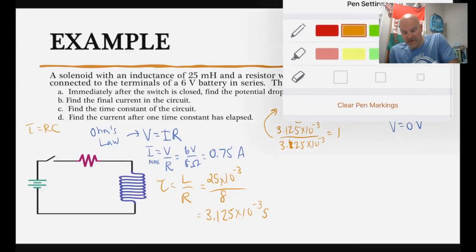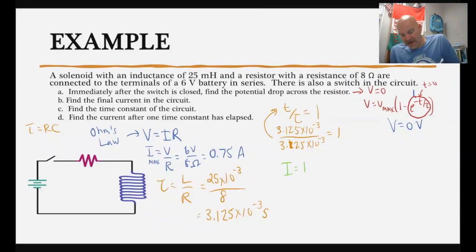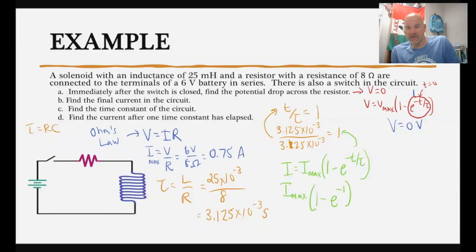And so we use our I equation. I equals Imax times 1 minus e to the -t over tau. But we said that t over tau is 1. So Imax times 1 minus e to the -1.